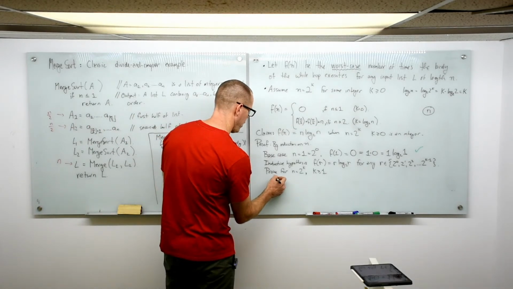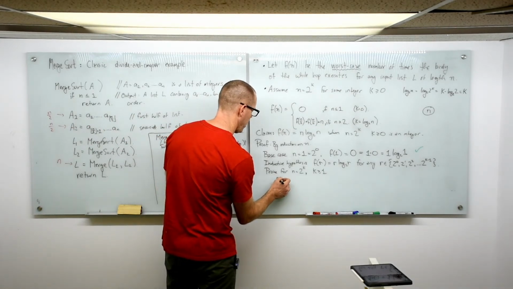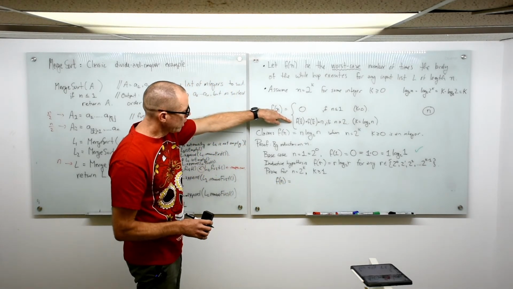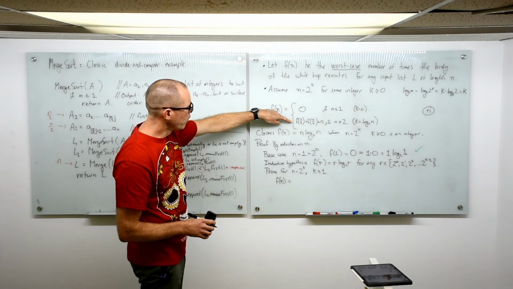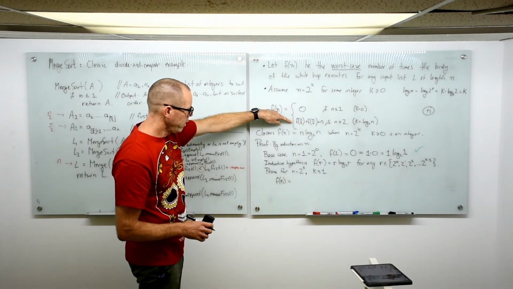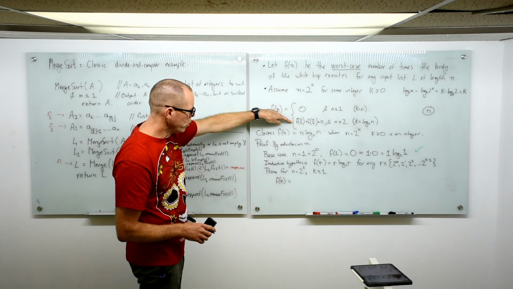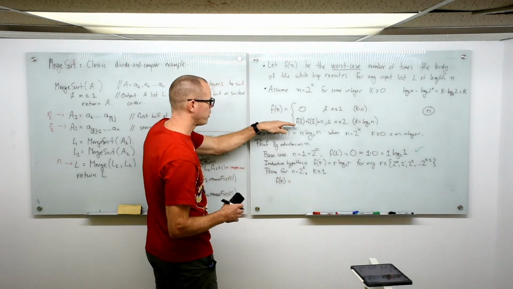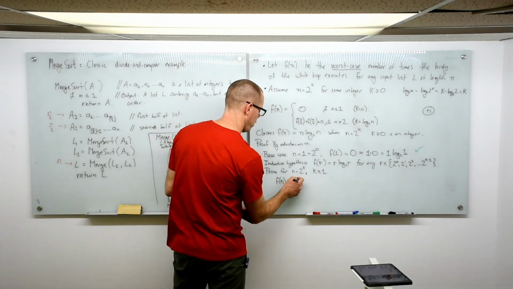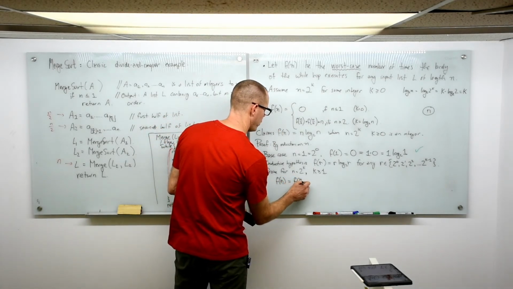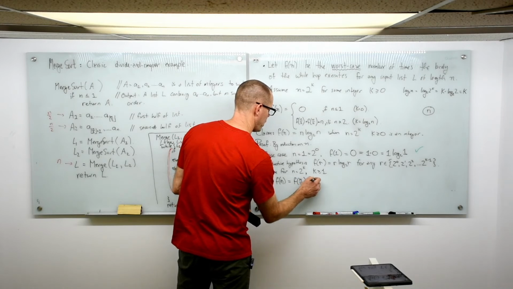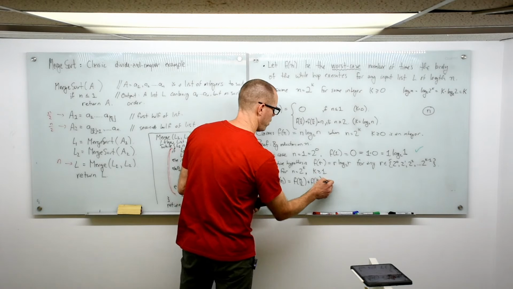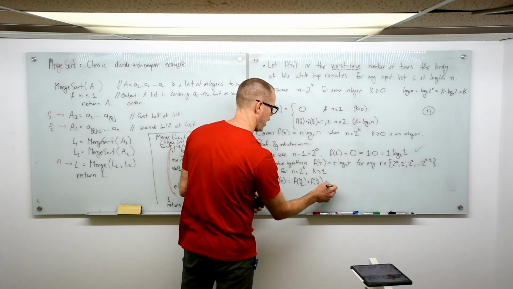We have f of n is equal to, apply the definition, because k is bigger than or equal to 1, which means n is bigger than or equal to 2. So that means we get to apply this definition, f of n over 2 plus f of n over 2 plus n.